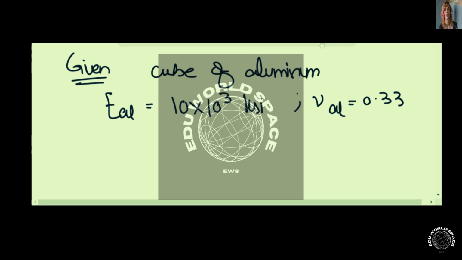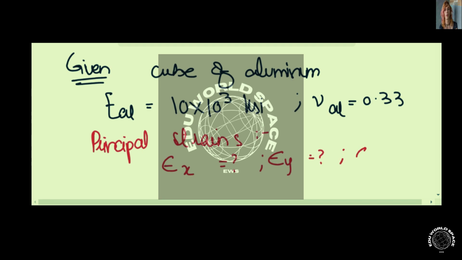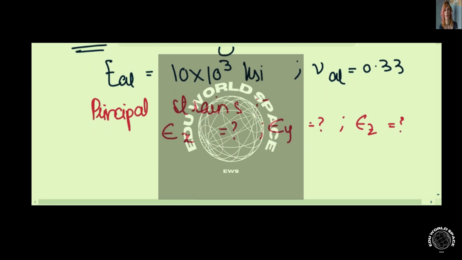We are required to determine the principal strains, epsilon sub x, epsilon sub y and epsilon sub z. So let's start with the solution.